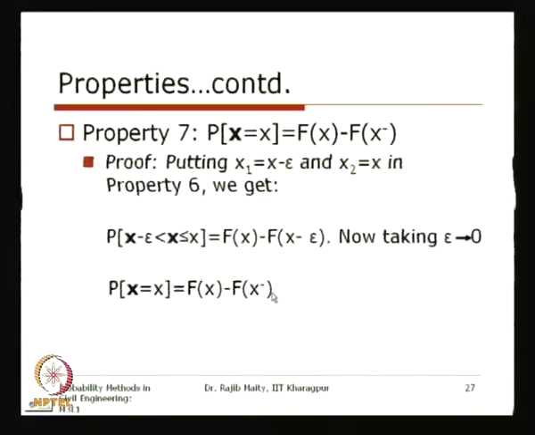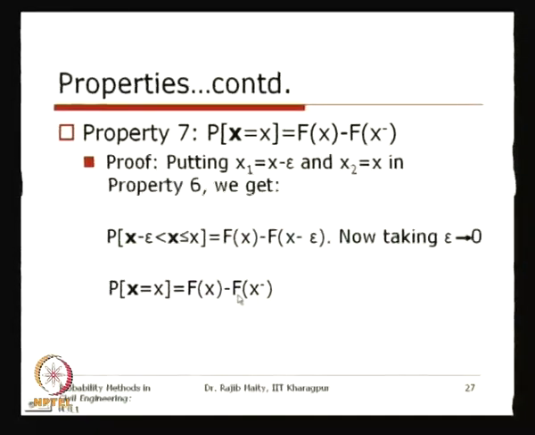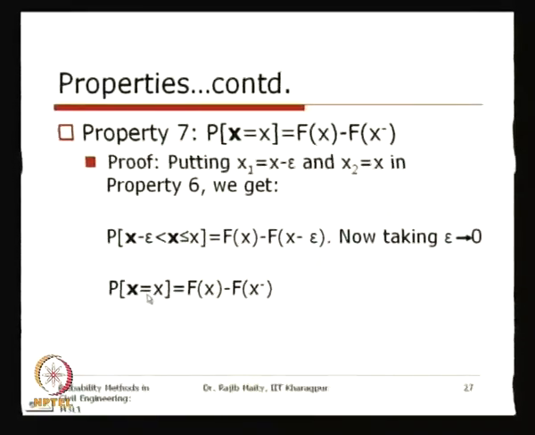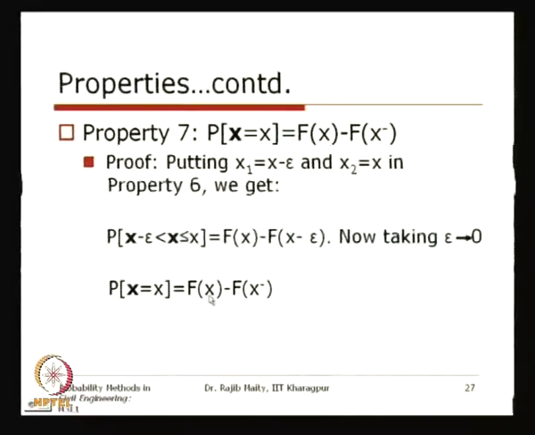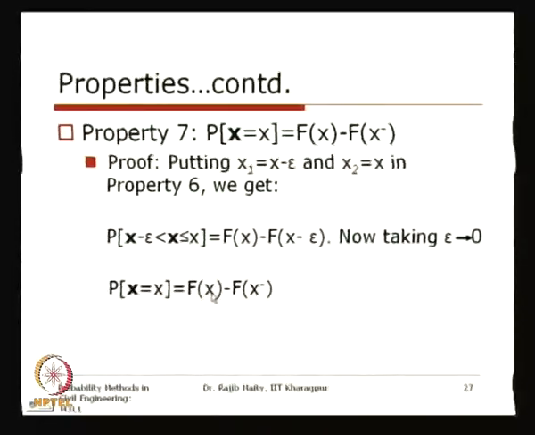If it is a discrete random variable, then just to the left of this value generally comes to 0. So, for a discrete random variable at a particular point, the probability is equal to the functional value at that point.